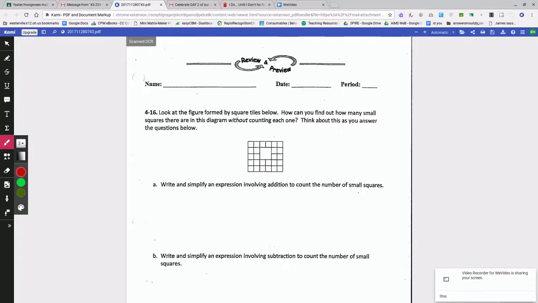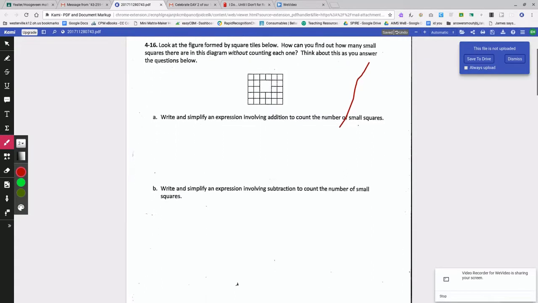Just a quick little overview here. Question 4-16. We look at the figure below, and they just want to know how you can easily look at this square without going across and counting each individual square, as that's probably not a good strategy, as it's really easy to overlook or miss or double count a square.